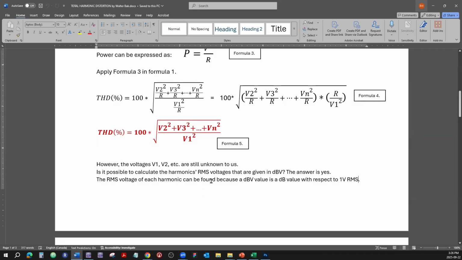So for every spike that you're going to have, that is the harmonic, you're going to calculate the voltage RMS of that, voltage RMS of that, voltage RMS of that. Then you're going to square that, square that, square that, add those, and you're going to calculate the actual voltage of the fundamental, square it, apply this formula, take a square root of that, multiply it by 100, and you're going to have the percentage of dirt that that waveform has based on what you have displayed on the FFT screen.